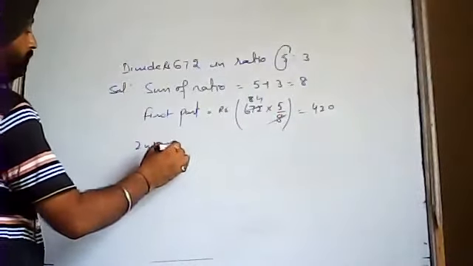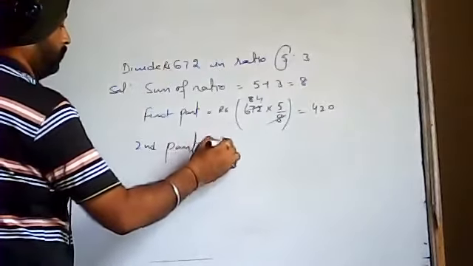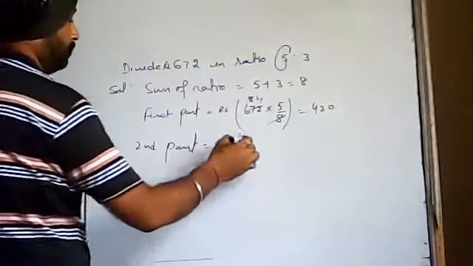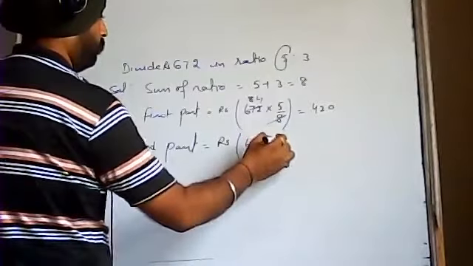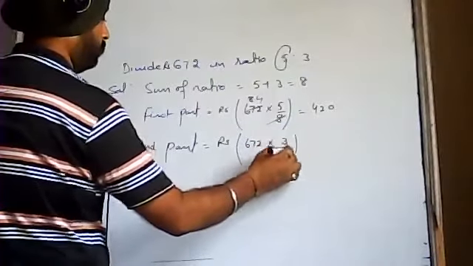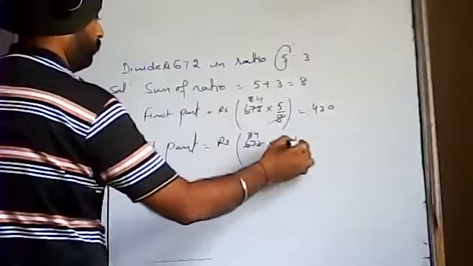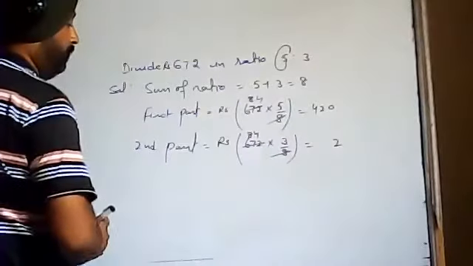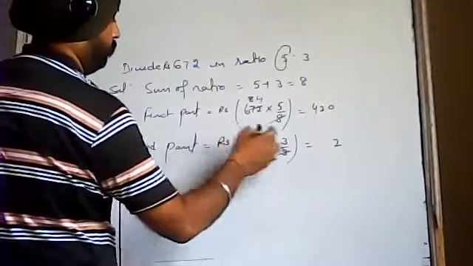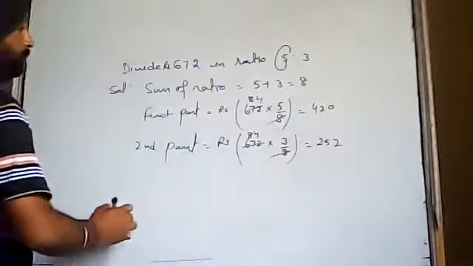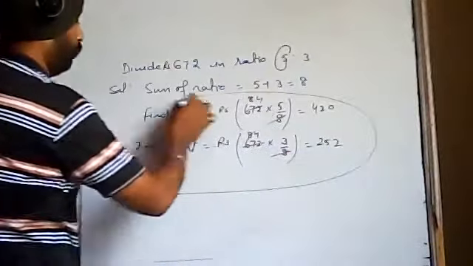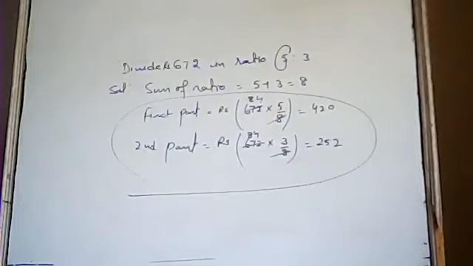And second part is equal to rupees 672 into 3 over 8, 84 times 3, this is 252. So these are the two parts. And your answer according to the poll, that was 252.